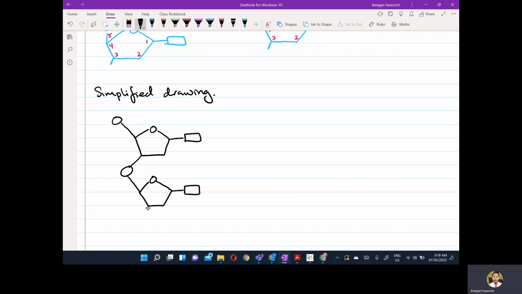Right, and so on. Okay, that's what it looked like. Of course, you could put your P inside here for phosphate, but like I was telling you, you don't necessarily have to.